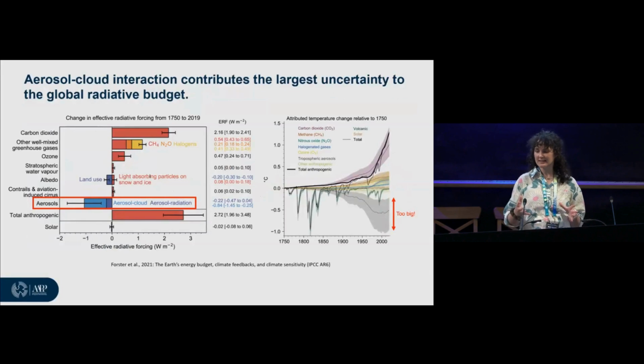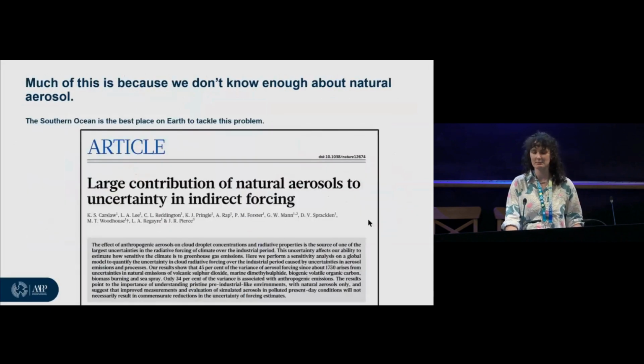We know that this is an important part of the story from our IPCC reports and other studies. We can see that aerosol-cloud interaction has one of the largest uncertainties for our global radiative balance. If you just look at the error bars in both of these plots, the aerosol part makes up one of the biggest uncertainties.